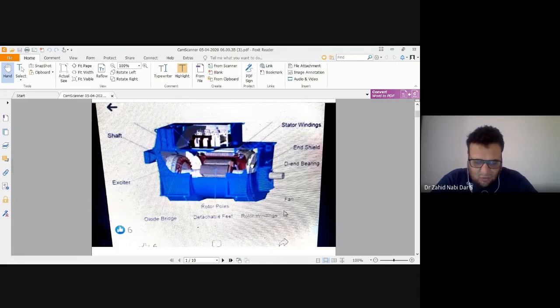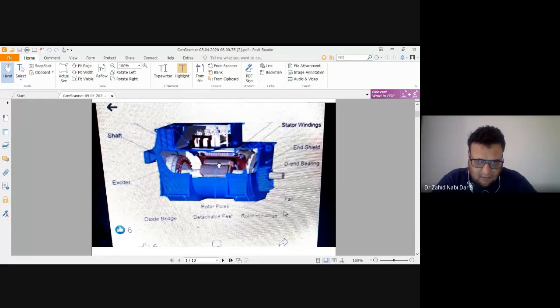In a synchronous generator, DC current is applied to the rotor winding, which produces a rotor magnetic field. The rotor of the generator is then turned by the prime mover, producing a rotating magnetic field within the machine. This rotating magnetic field induces a three-phase set of voltages.